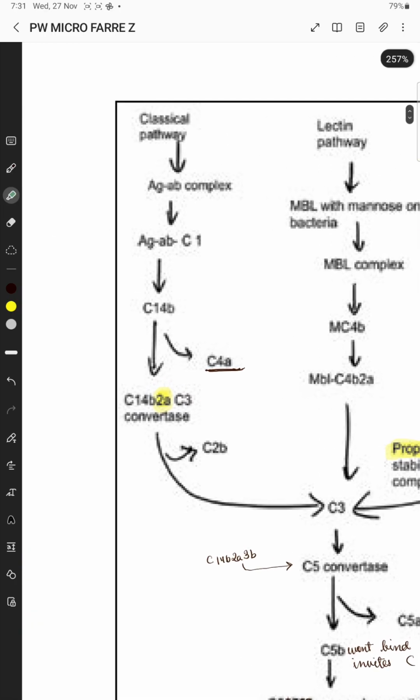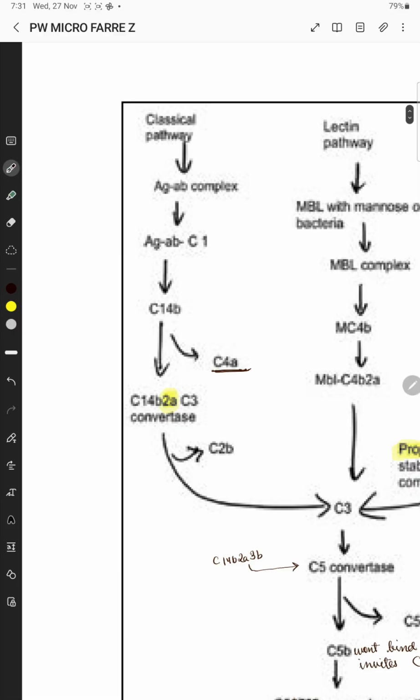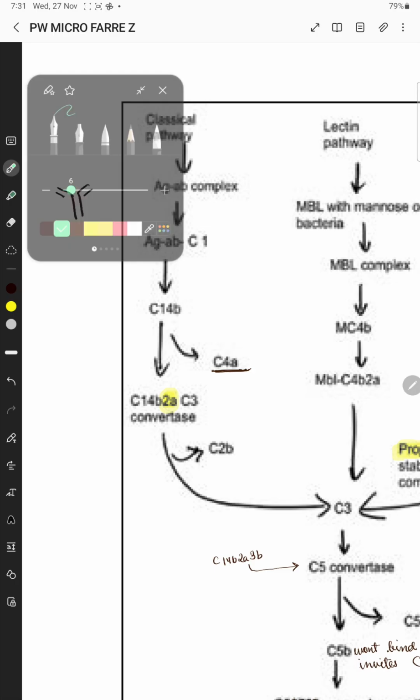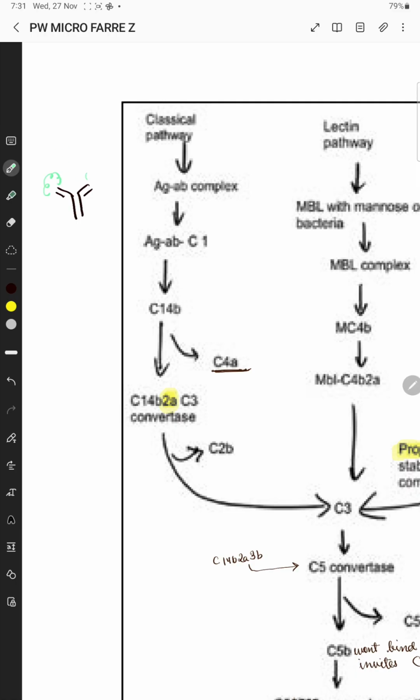First is the classical pathway. The trigger is antigen antibody complex. This is the antibody and it will bind to an antigen, and then this pathway will be initiated.